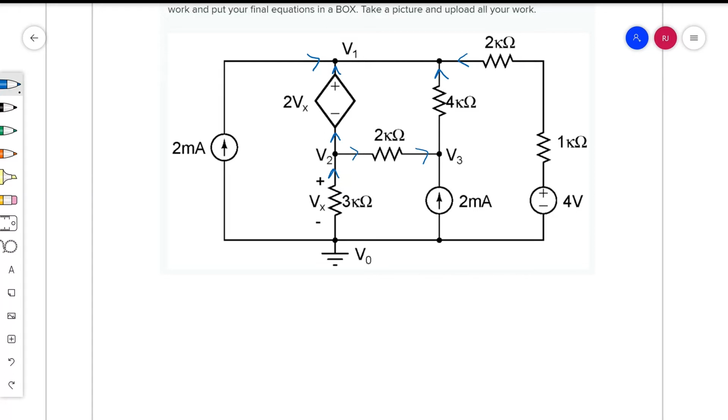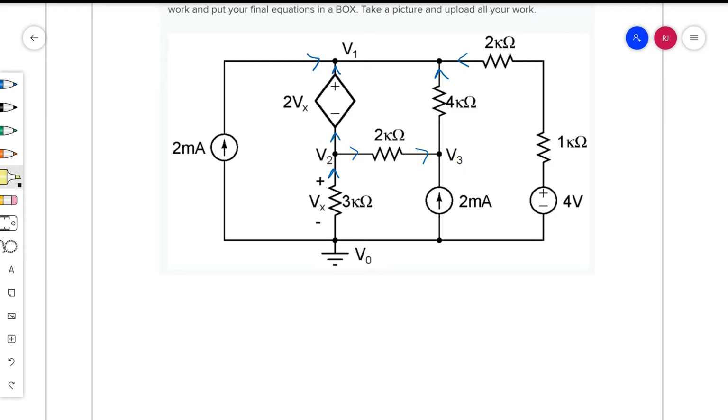So for example, out of node V2, right there, where it has a current that goes from the left side of the 2 kilo ohm resistor to the right side, that needs to stay consistent. So specifically when I'm looking at node V3, the current with respect to the 2 kilo ohm resistor better still be going to the right.